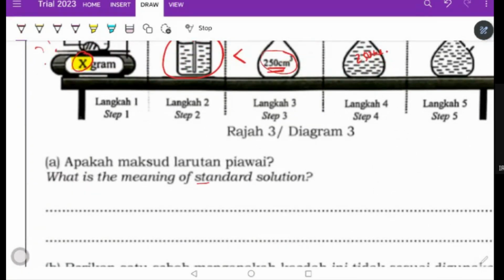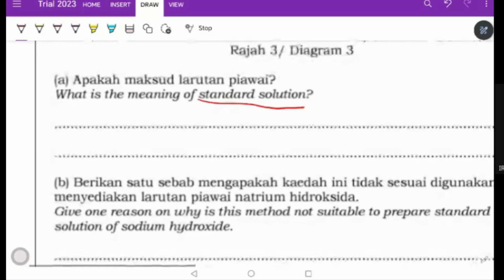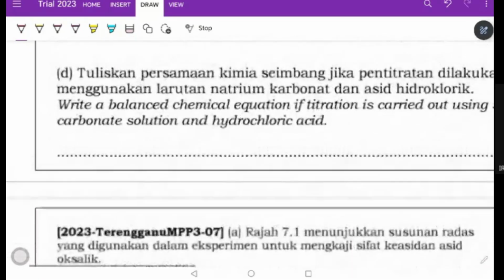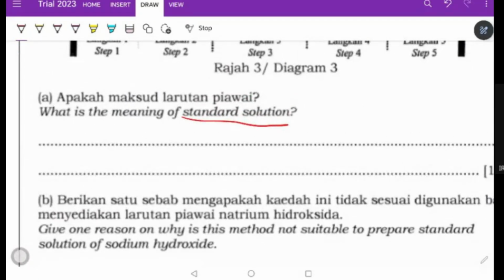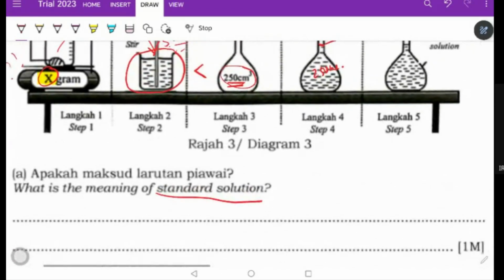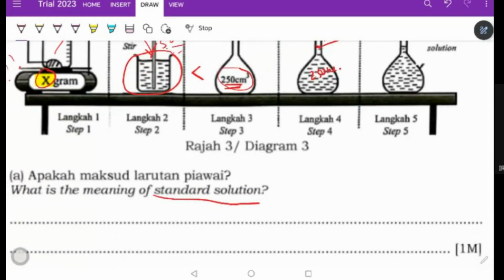First, definition. What is meant by standard solution? I think in the coming exam, most likely I will ask this question also. What is meant by standard solution? I quickly go to search. Standard solution. Got it? Which page?